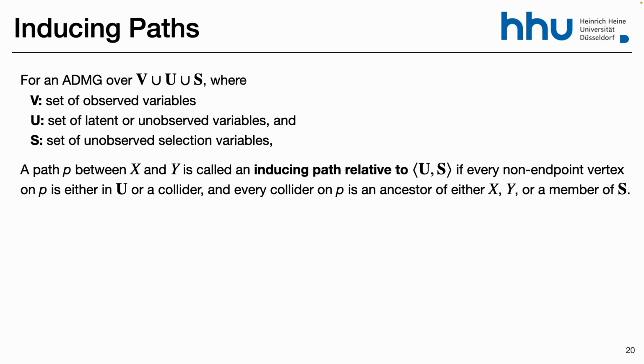So I have A, B, C, and D. It's a path where all variables in the middle of the path are colliders. In the case here it has to be bidirected, but here it could be anything. And every collider on P is an ancestor of X or Y.